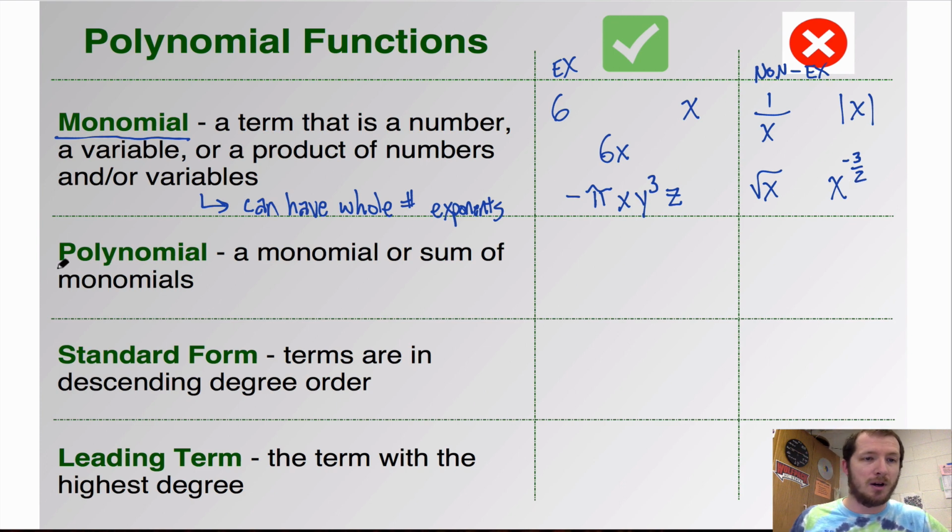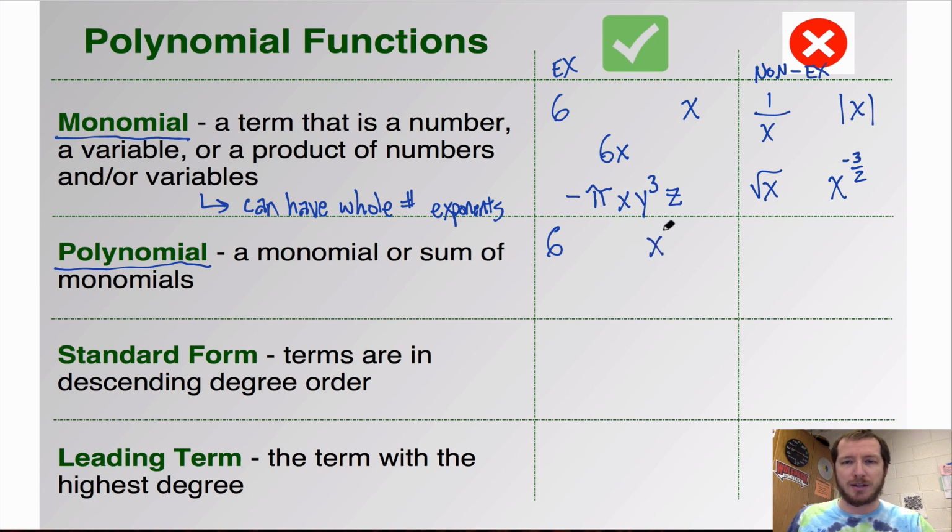Next up we have polynomial. A polynomial is a monomial or a sum of monomials. So a monomial is just a type of polynomial. You remember studying binomials and trinomials in the past. So 6 is a polynomial because it's a monomial.